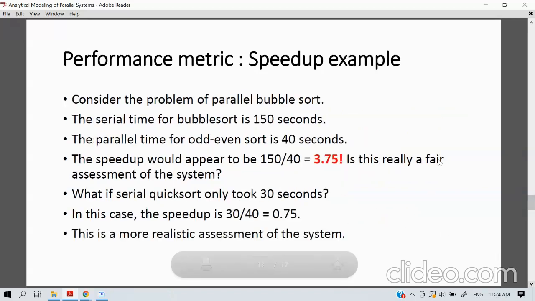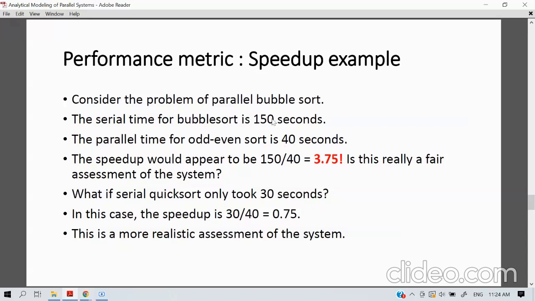Okay, so let's look at an example. How to calculate the speed up? Please consider the problem of parallel bubble sort. If we use serial time to run the bubble sort, it requires 150 seconds. However, when you use parallel time, where you implement the odd even sort algorithm, it requires 40 seconds.